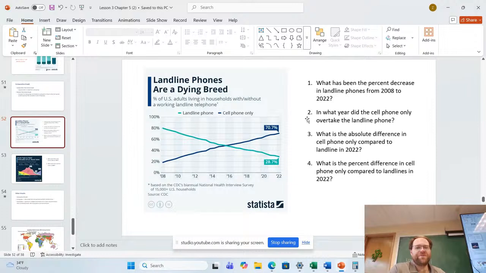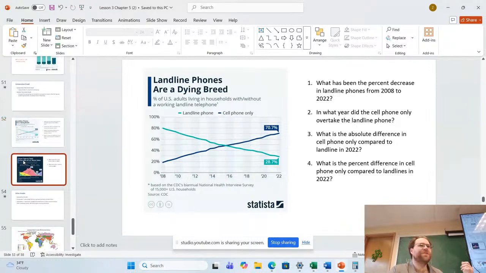When cell phones overtook landline phones, you would look for the interception around here and go to the X value. Absolute difference is just comparing data values. And then percent difference, same thing over the old value. But just wanted to refresh your memory on these different techniques here.